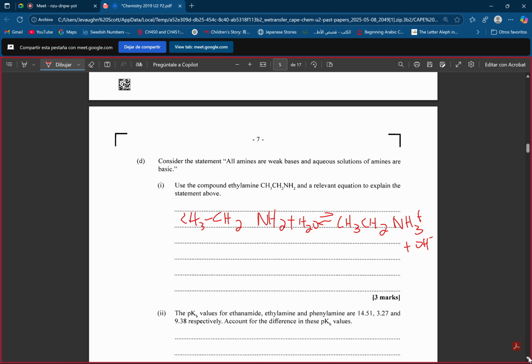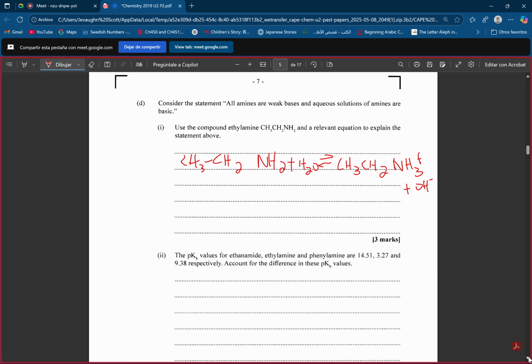So this is showing not only Bronsted-Lowry basicity, but it's also showing Arrhenius basicity, right? So it shows that ethylamine can display those two, all right? So you just need to explain the statement above. So explain why these amines are weak bases, right?